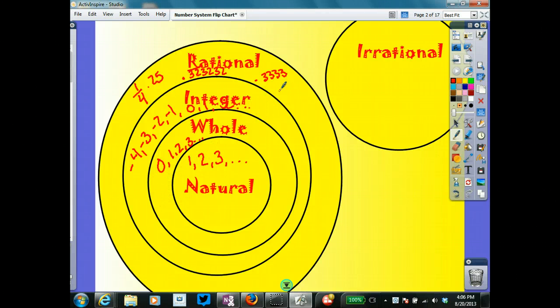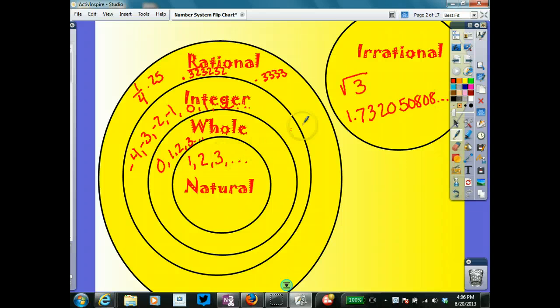And that just leaves irrational, which is kind of out there. If you notice, it's not connected to any of these, because if it is rational, it cannot be irrational as well. So for example here, for irrational, if I have the square root of 3, the number that comes up would be 1.73205808, which means this goes on and on and on.